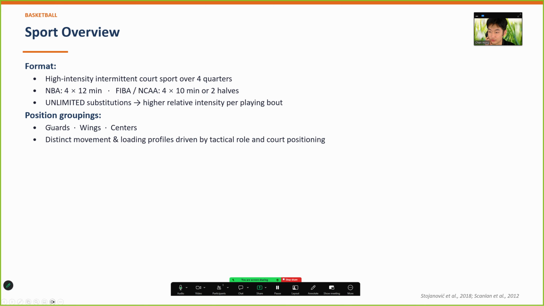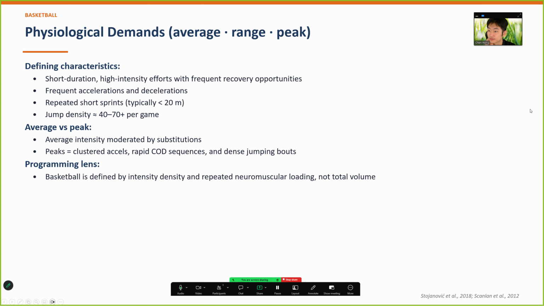The positions include guards, wings, and centers. The physiological demands: the sport has short duration, high intensity with frequent recovery opportunities. It's got frequent accelerations and decelerations, repeated short sprints, jumping density of about 40 to 70 plus per game.